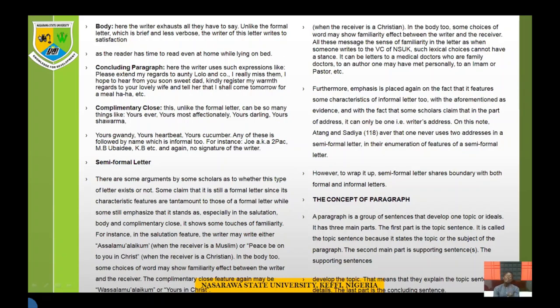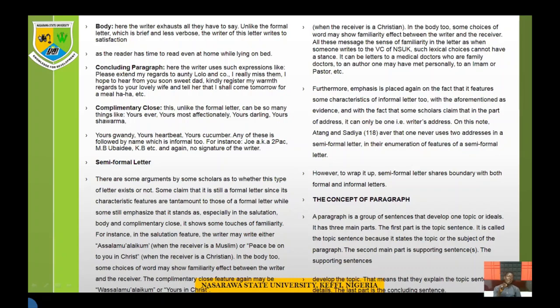Paragraph is a group of sentences that develop one topic or idea, and it has three major or main parts. The first part is the topic sentence. It is called the topic sentence because it states the topic or the subject matter of the paragraph.